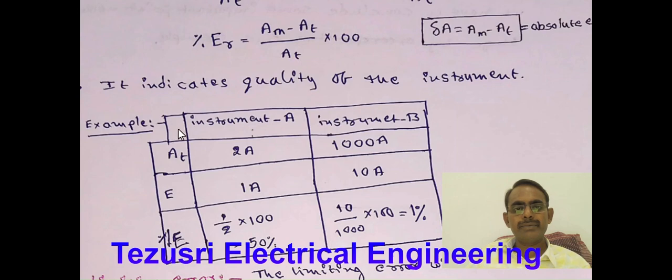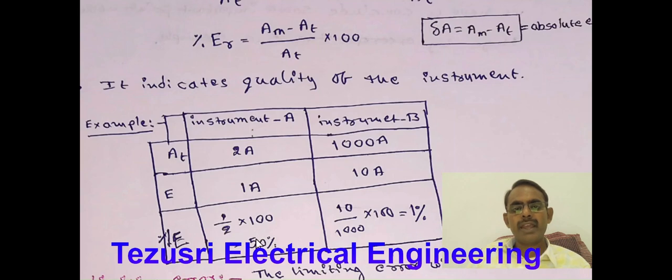For example, instrument A and instrument B are measuring true values of 2 amperes and 1000 amperes respectively. Error in instrument A is 1 ampere, and in instrument B it is 10 amperes. Then relative static error equals error by true value into 100.